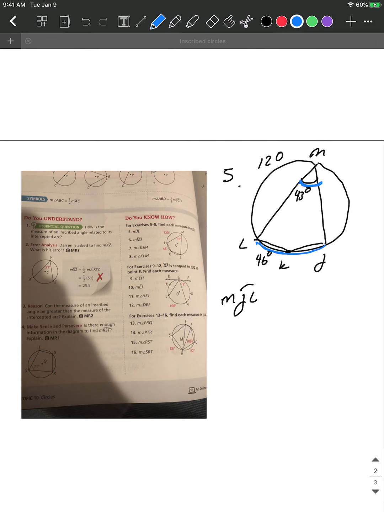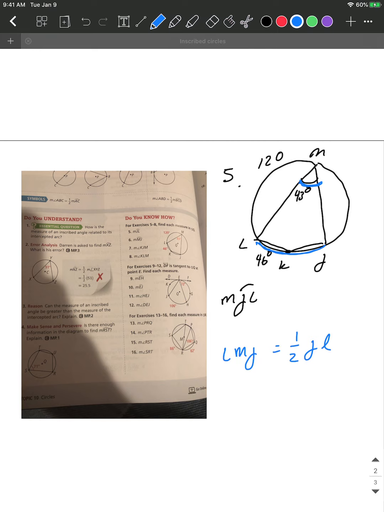The measure of angle LMJ is equal to half of arc JL, because remember, that's what we said: if it was the blue angle, the blue distance, then it'd be the inside matching one.